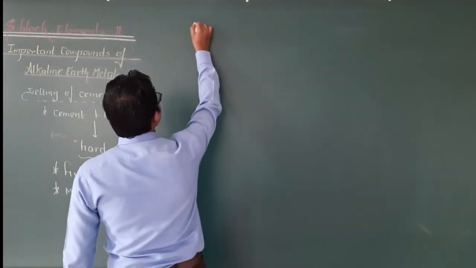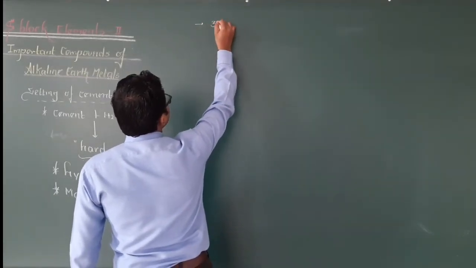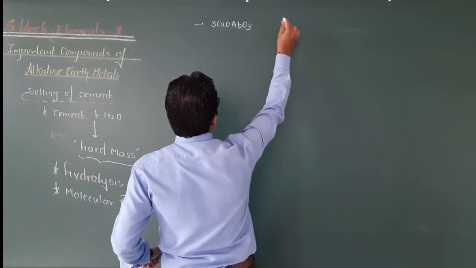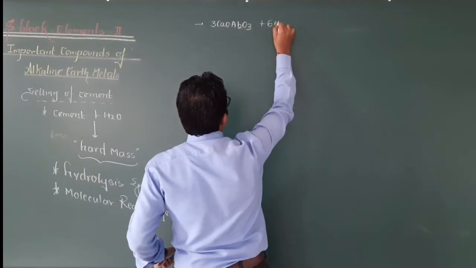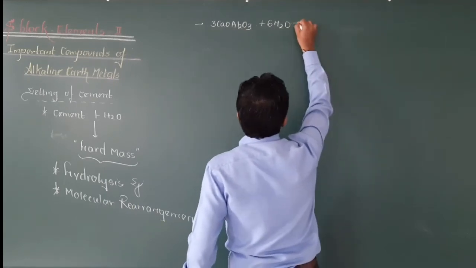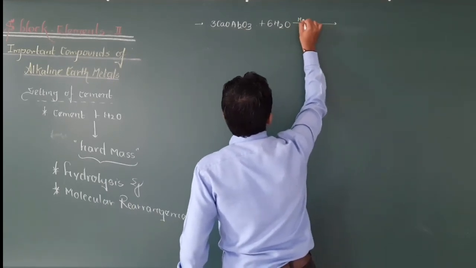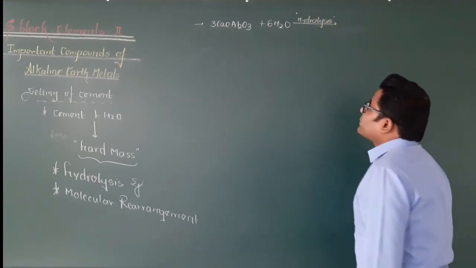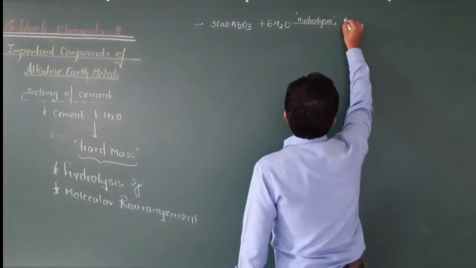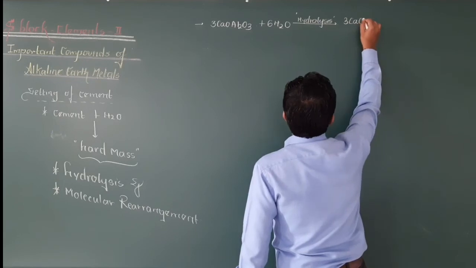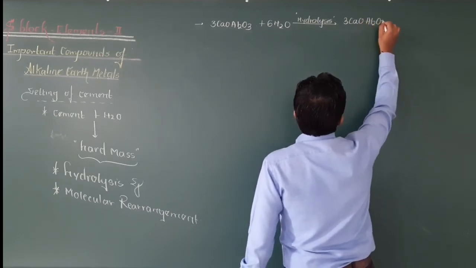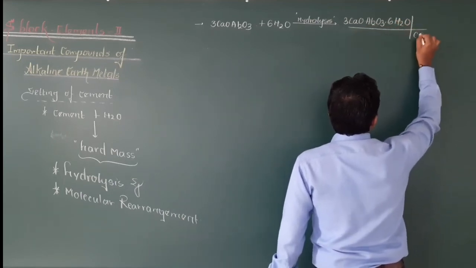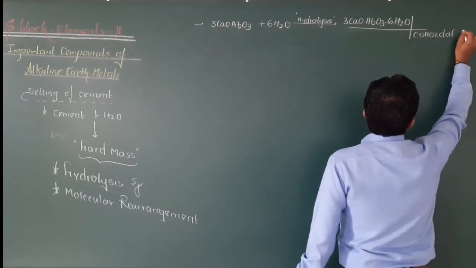First one, as we start with aluminate, upon reaction with water molecules, it starts to undergo hydrolysis, and due to this hydrolysis process, it gets into a colloidal form, with 6H2O, a colloidal gel type of form.